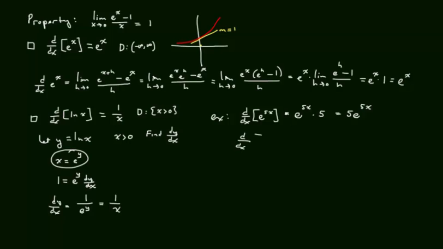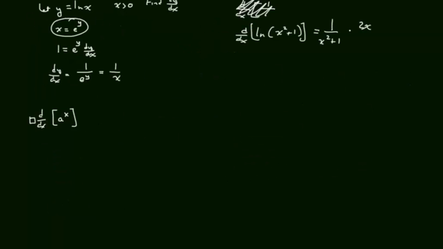In similar fashion, what is the derivative with respect to x of natural log of, let's say, x squared plus 1? It would be 1 over x squared plus 1 times the derivative of the stuff. So 1 over stuff times the derivative of stuff.